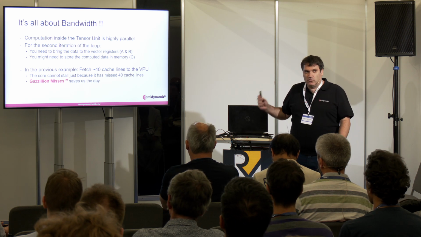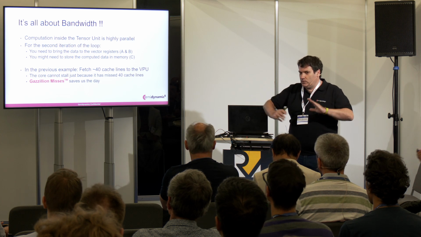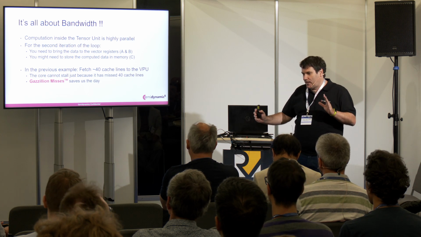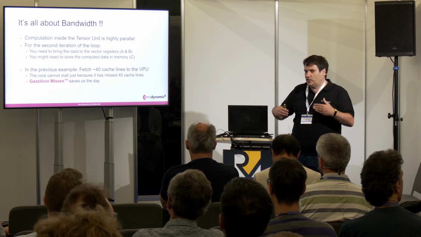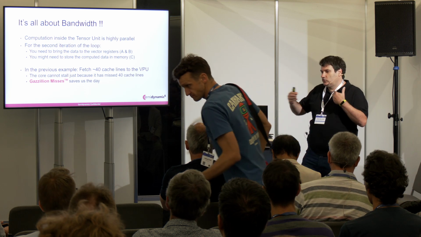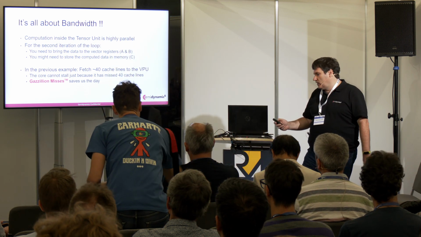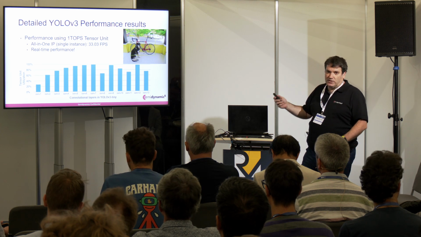Here is where Gazillion misses plays its role. Gazillion misses allows you to have multiple outstanding misses in flight, so whenever you execute the next matrix multiplication, the data is already there and you are not going to stall the tensor unit. These are some numbers we got on YOLO V3 performance.